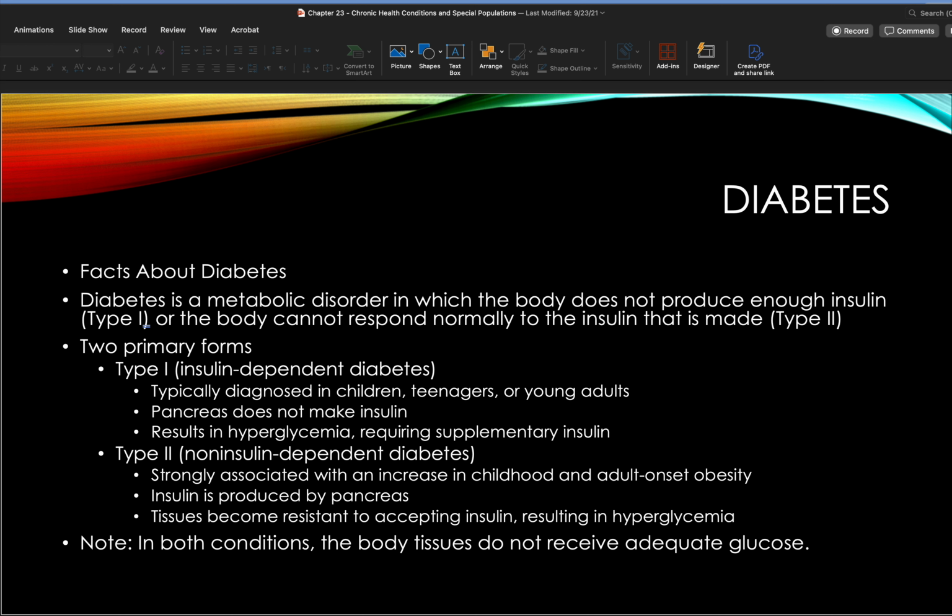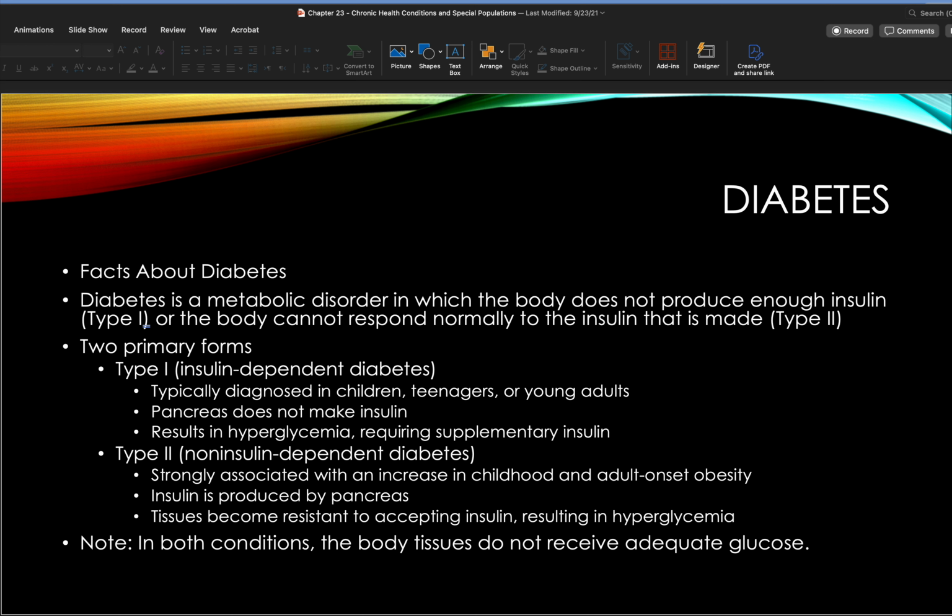With type 1, your pancreas doesn't make the insulin. With type 2, you become insulin resistant, which means insulin is still produced, but the actual mechanism where insulin and its receptors are not being received in the areas that are required to use insulin, so you become resistant and those receptors just don't do their job.